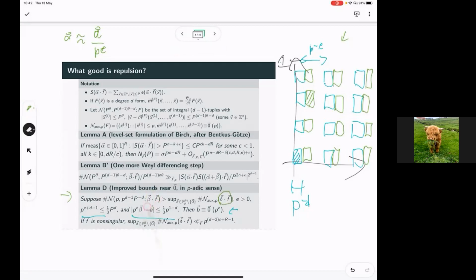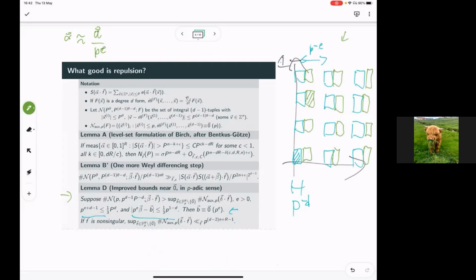We never really treat this system of forms as a vector. We only really use properties of one particular linear combination of the forms.